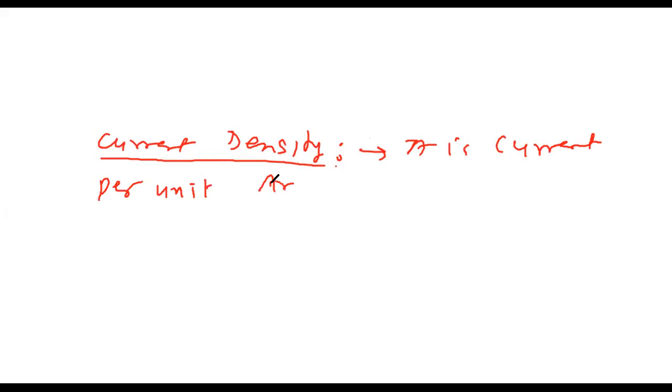Area is a vector, therefore current density is in the vector form. So I is a scalar quantity. So can I say it will be dot product of J and the area? Perfect.